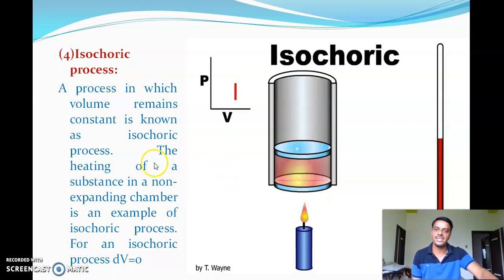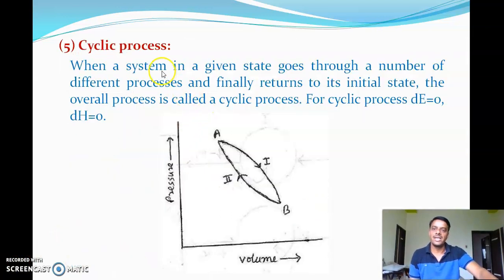The next type is the cyclic process, where we can observe a different kind of definition. The name itself, cyclic process, means it completes one cycle. The process goes through different steps and comes back to its original state.